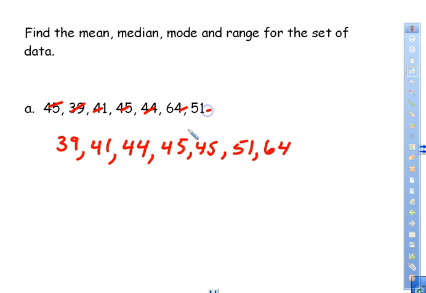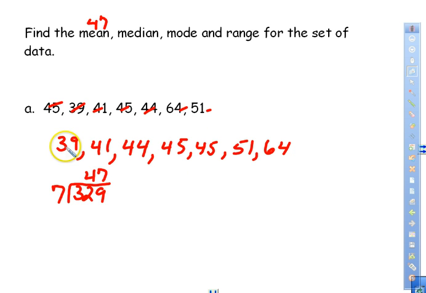And when we add all of those up for my mean, I get a total of 329. And there's 1, 2, 3, 4, 5, 6, 7. Divide that by 7, and I get 47 for an answer. So again, you're adding them up, divide by how many numbers you have added, and you will get the mean.